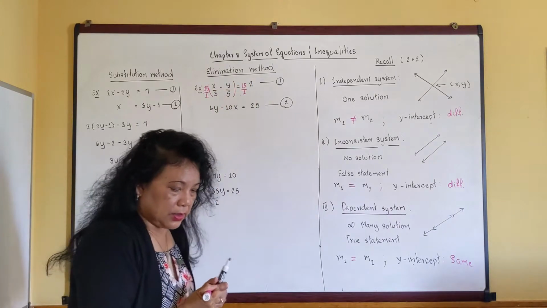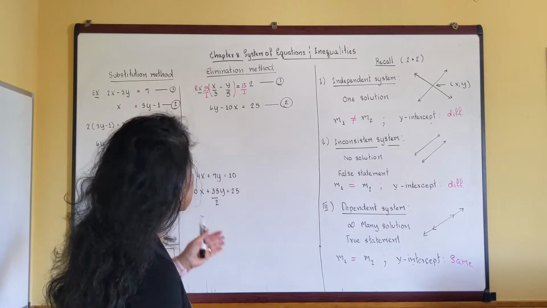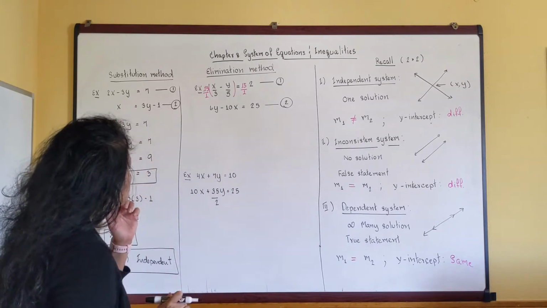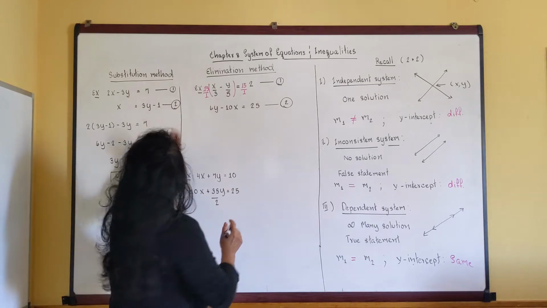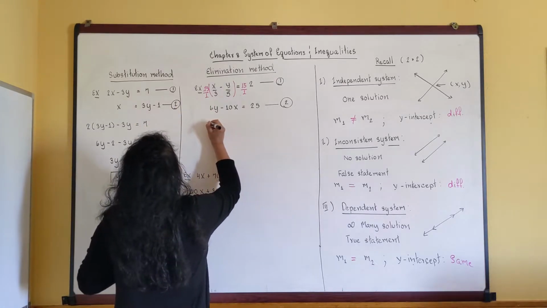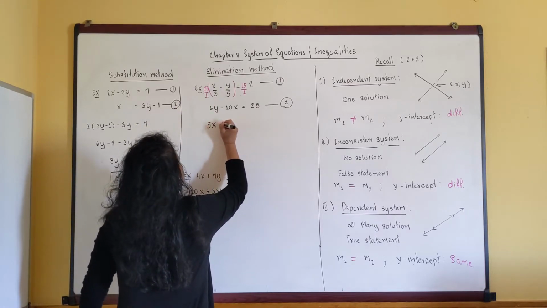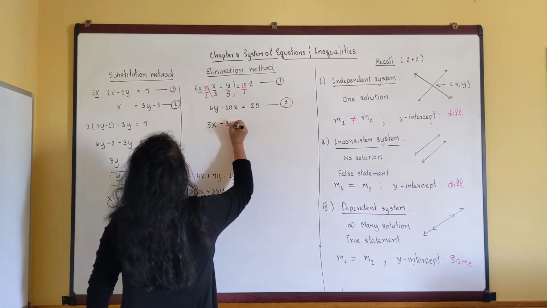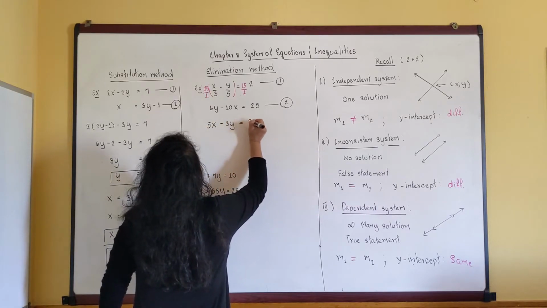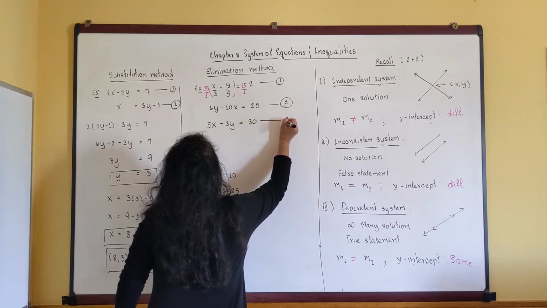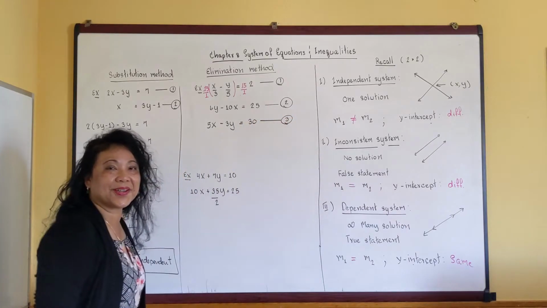Let's see what happened. The reason I do that is I want to get rid of the fraction. So 3 goes into 15 5 times, so you end up with 5x minus 3y equal to 30. Let's call this equation number 3.